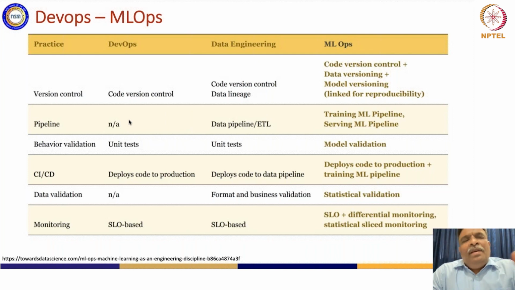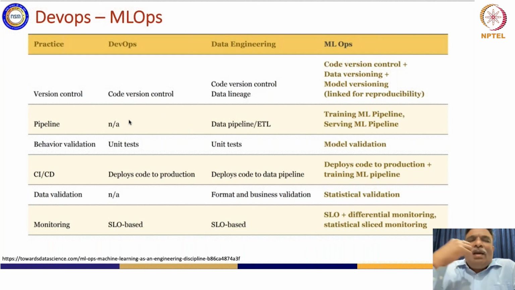Then behavioral validation: you had unit tests, but in case of MLOps, obviously you will have to have model validation. And when you talk of CI/CD, it deploys code to production, deploys code to the data pipeline, deploys code to production plus the training ML pipeline. So these are certain differences in how you do all of this.